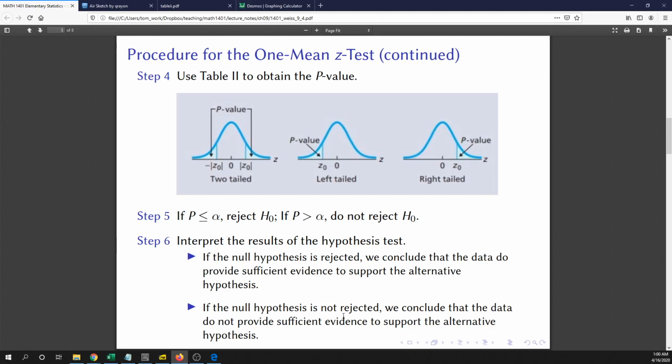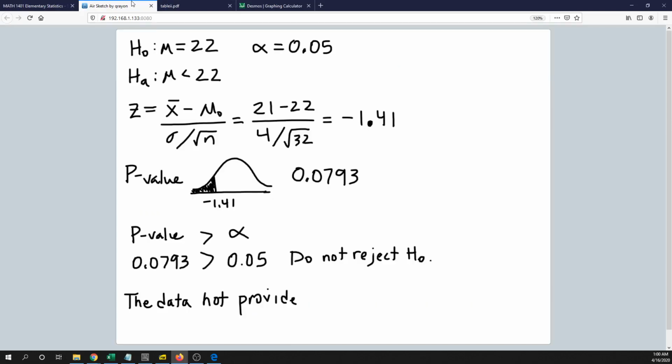So our conclusion is that the data do not provide sufficient evidence to conclude that, and then whatever the alternative hypothesis is, and that is mu is less than 22. So that would be our conclusion.